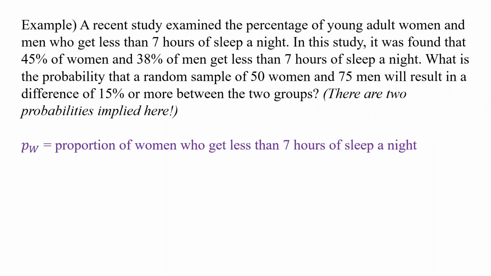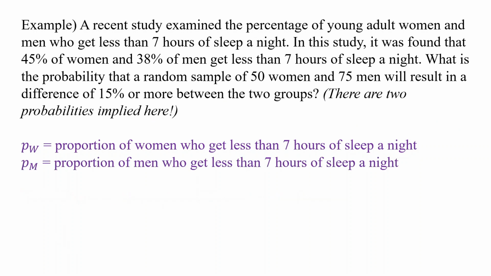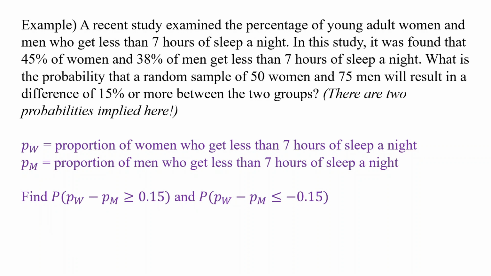Okay, so communicate. First, we want to communicate what our two proportions are. So I'm going to use the subscripts W and M instead of 1 and 2, just to make sure I'm keeping it straight in all of my calculations. So proportion of women is going to be P sub W, and proportion of men is going to be P sub M. We also want to communicate our inequalities that we are finding, okay? So these are going to be the two that we are trying to find.